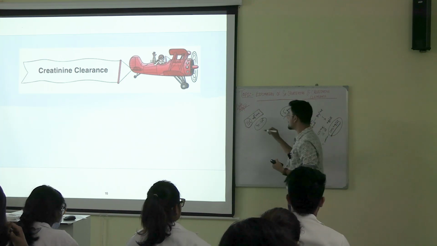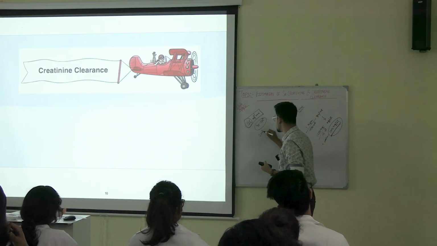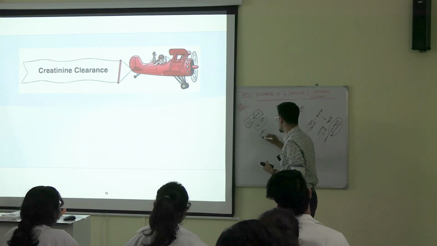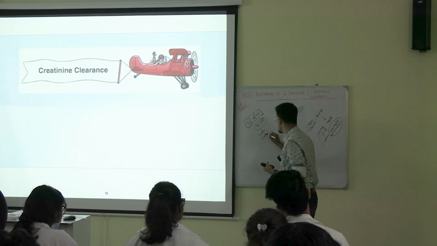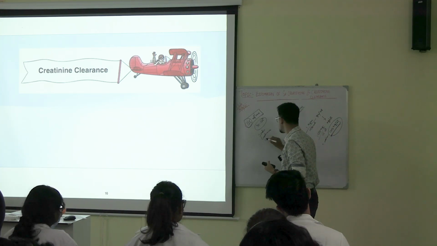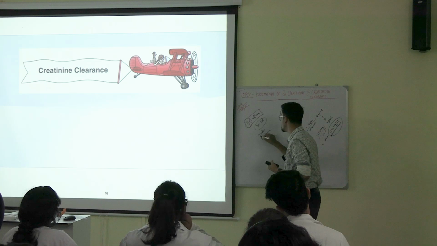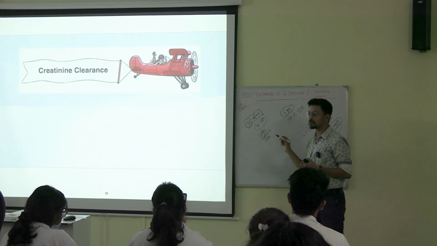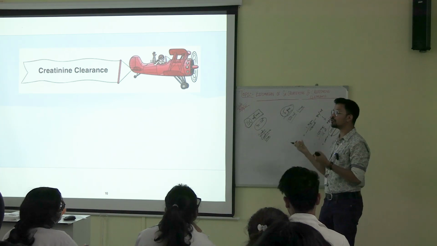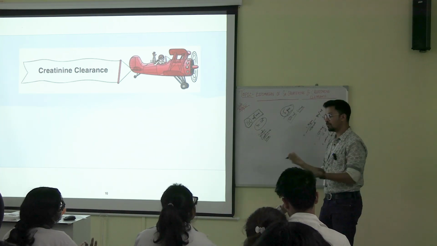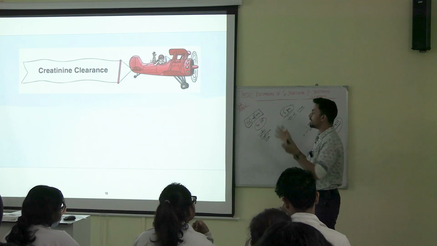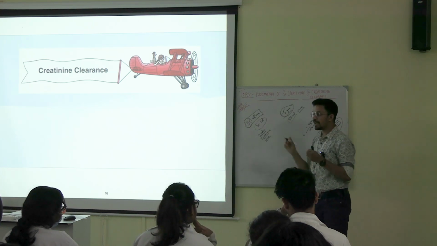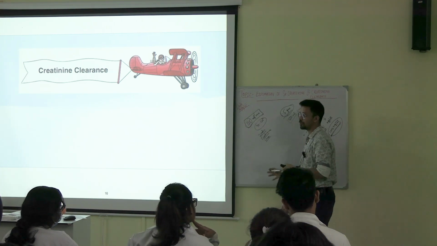Now, there are three things. One is inulin. Second is creatinine. Third is urea. These are certain examples; there are many more. I am just giving you three examples. Now, if you do this clearance test with inulin, you have to give it from outside. We will give an injection, okay? And then whatever inulin we have given, the exact amount will come out through the urine.